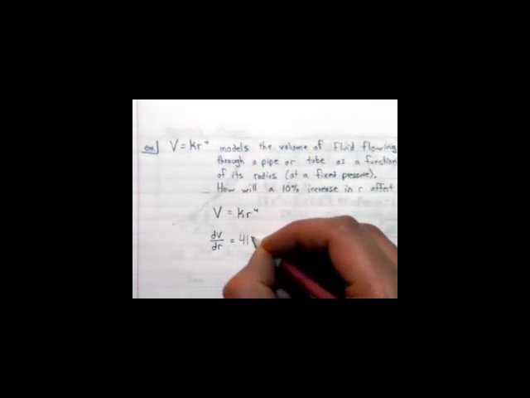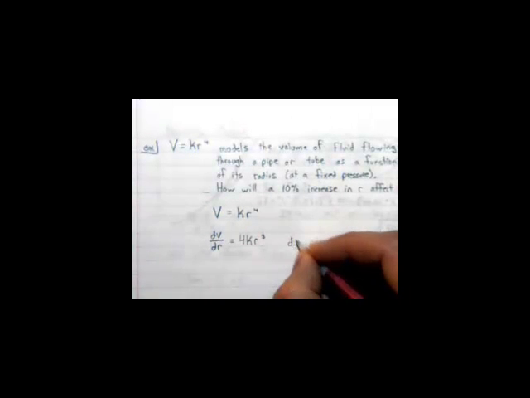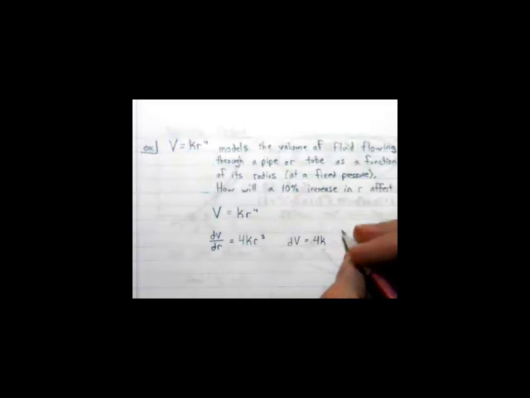There you go, 4k r to the third. If I'm going to write this using differentials, then dV would be 4k r to the third dr.